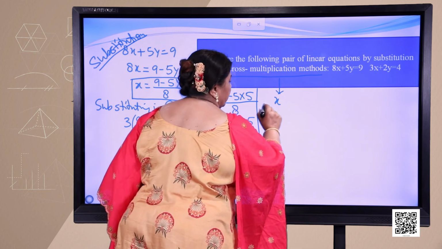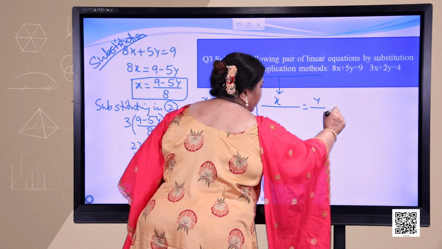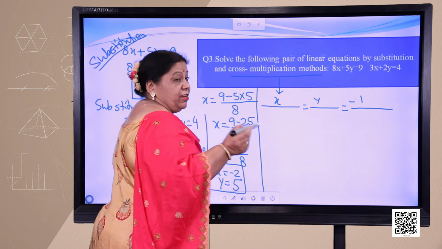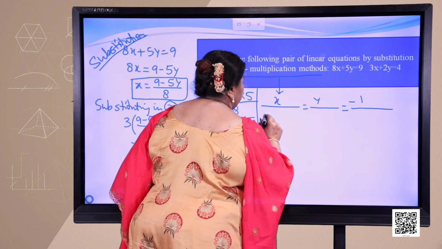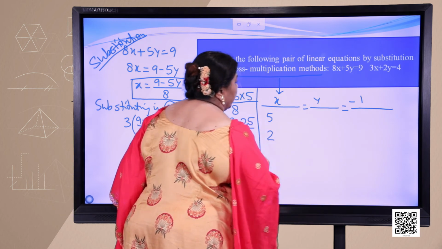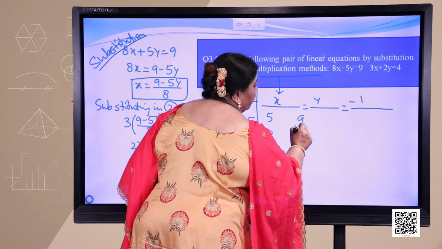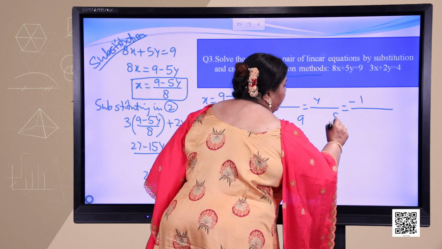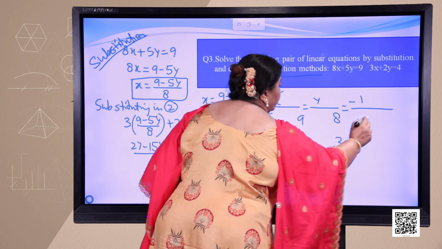In this, x, y and minus 1, 2 3 1 2, right. 2 is for coefficient of y, 3 for constants, 1 and again 2.